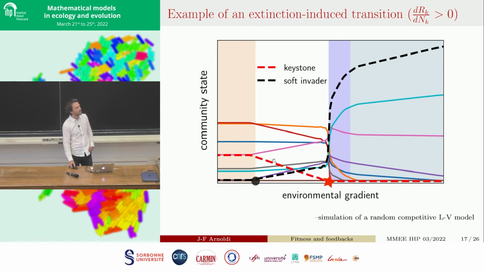But what it's doing is making the red dotted species a keystone species. And as the environmental gradient goes, this keystone species' abundance decays. And at the moment where it goes extinct, boom, you see this abrupt transition. This is just an example that these things can occur.